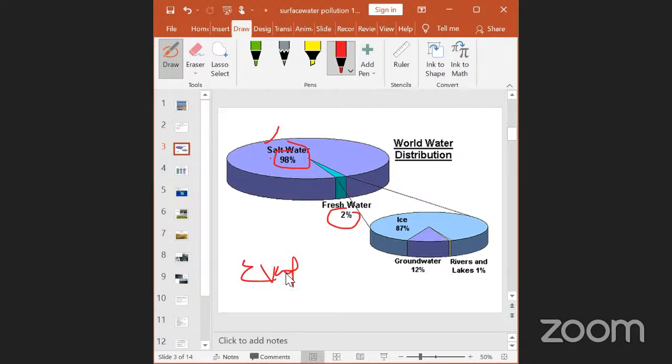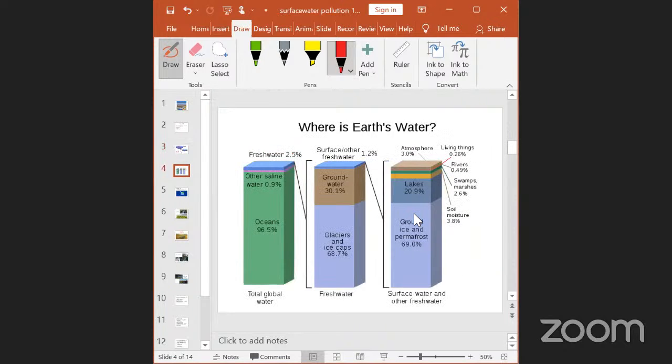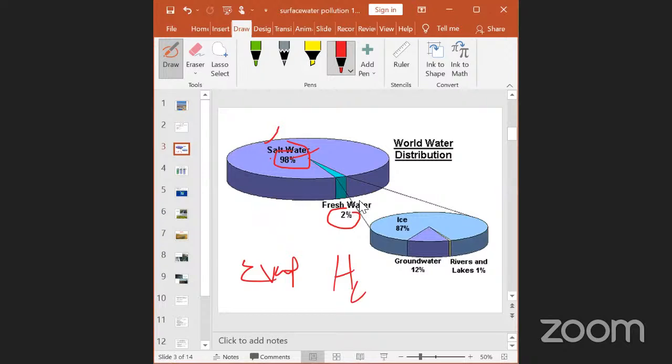So it is a crucial part of the planet's hydrological cycle, right? You see here some of the percentages of this 98 plus 2%.